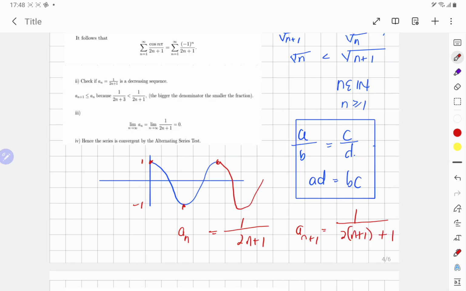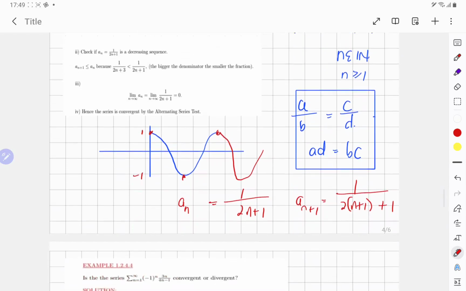I will get 2n+3 in my denominator. What do I see again? Since my numerators are the same, the bigger my denominator, the smaller this fraction. Very important also for later. So I am correct.